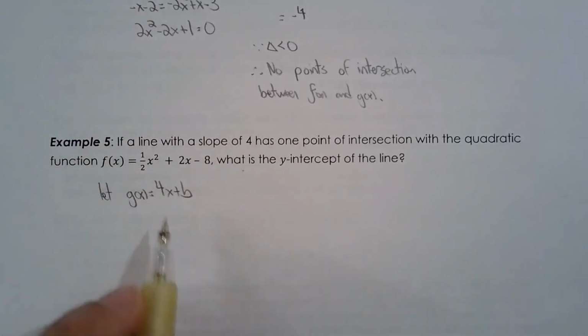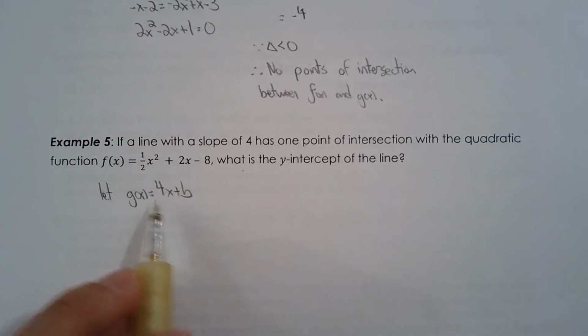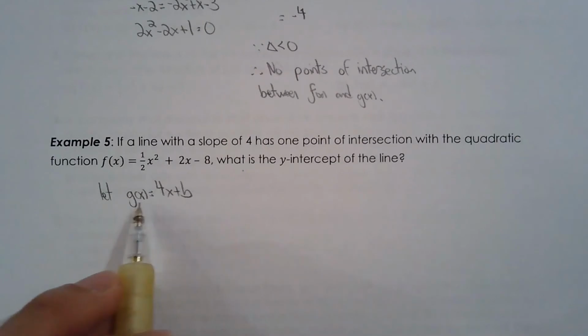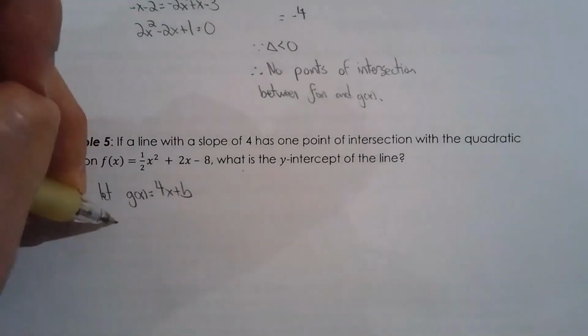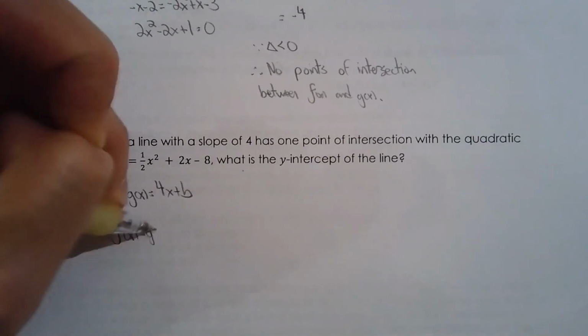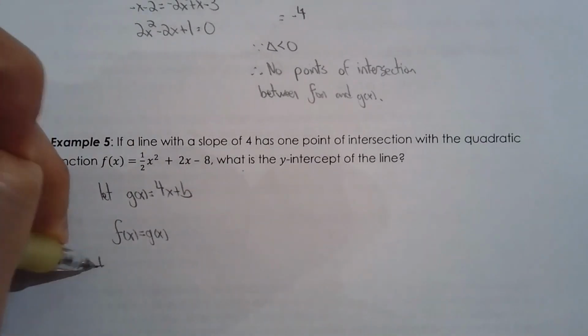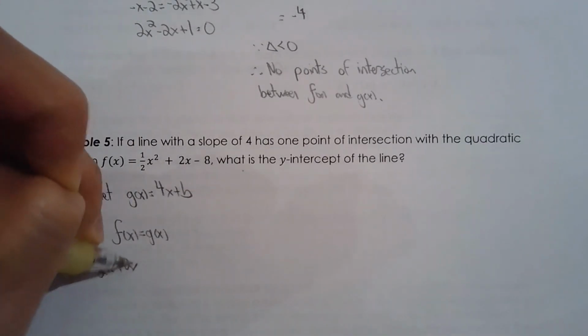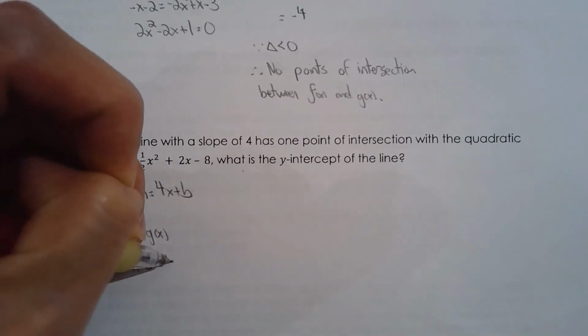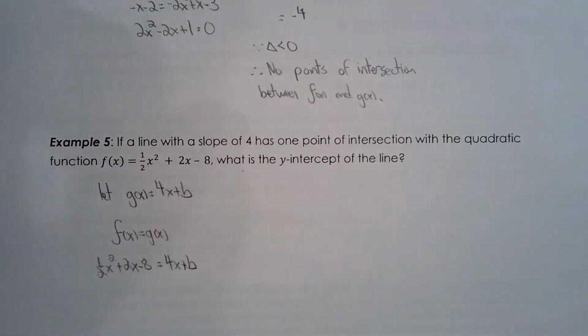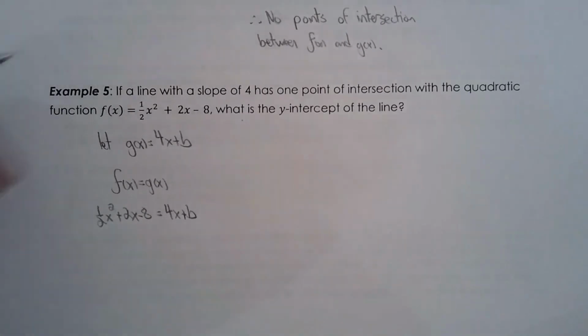I know the slope of the linear function, but I don't know the y-intercept, so I'm going to let the equation be g of x equals 4x plus b. So f of x equals g of x, which means half x squared plus 2x minus 8 equals 4x plus b. Let's set equal to 0.